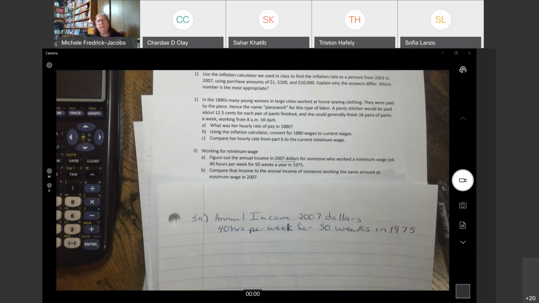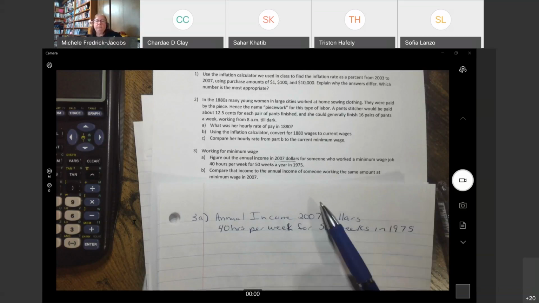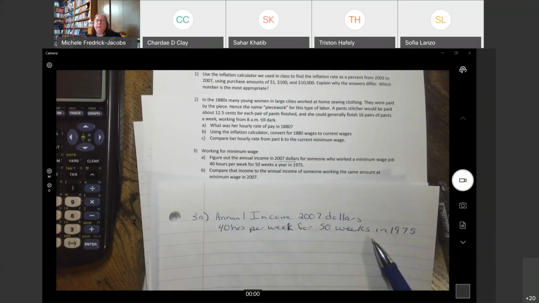Now, a couple things you can do. You could find the minimum wage first in 1975 and then use the inflation calculator. Or you can find the total annual income in 1975 and then use the inflation calculator.